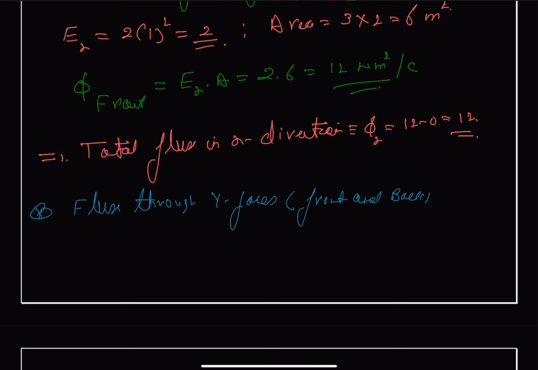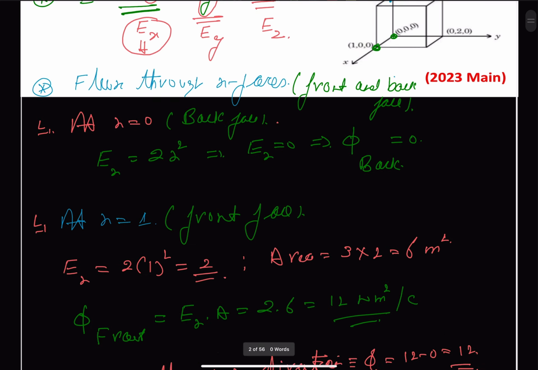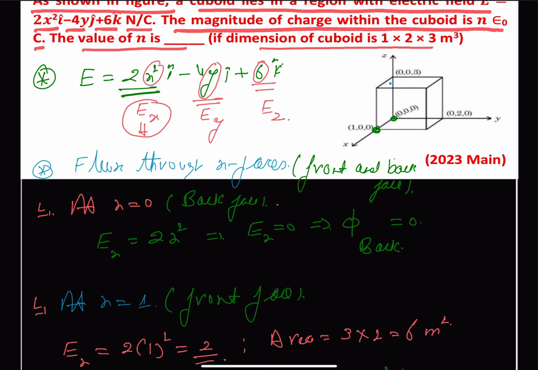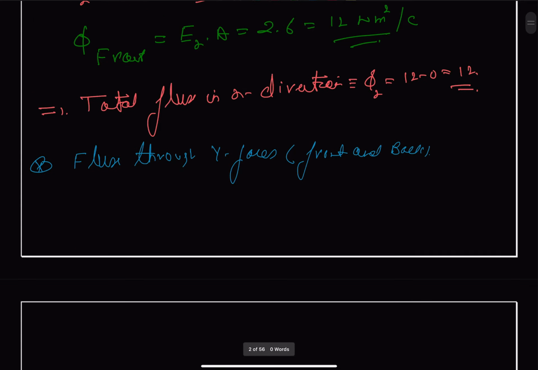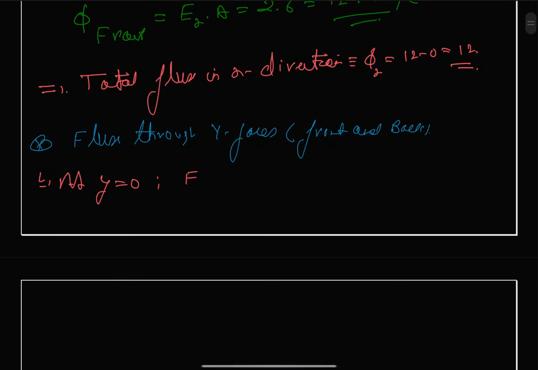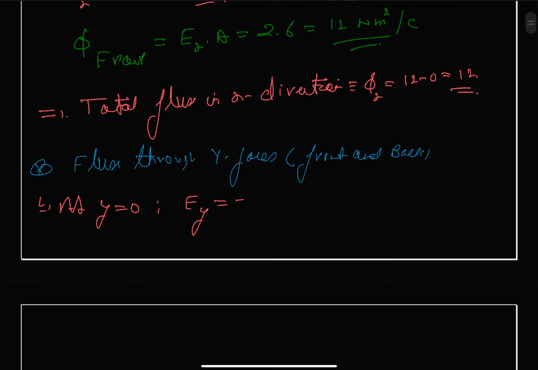So we can say that at y equal to 0, which will be our back face, E of y is given as minus 4y, which gives us 0.